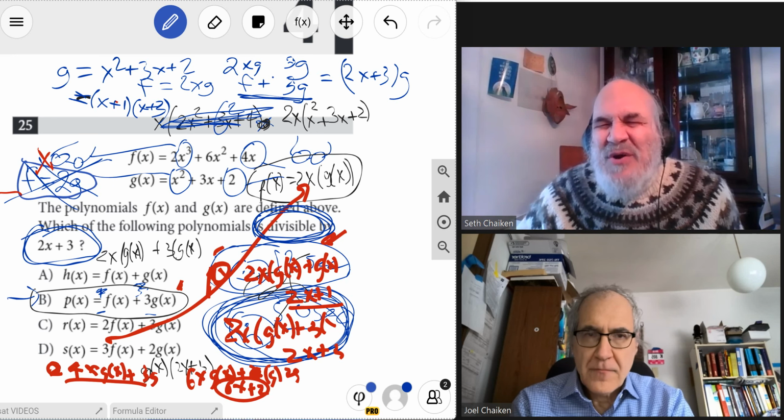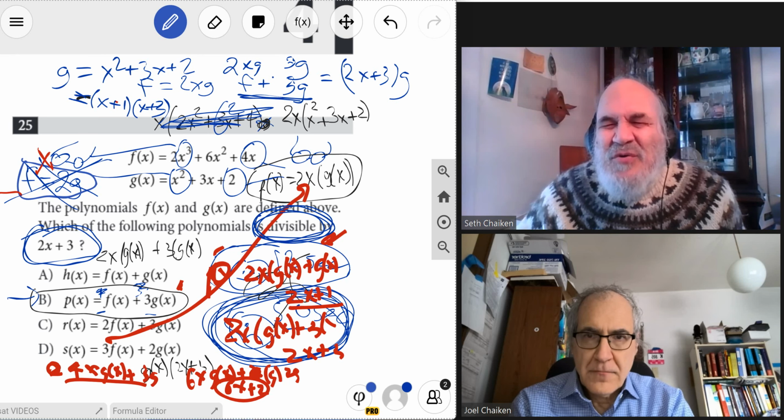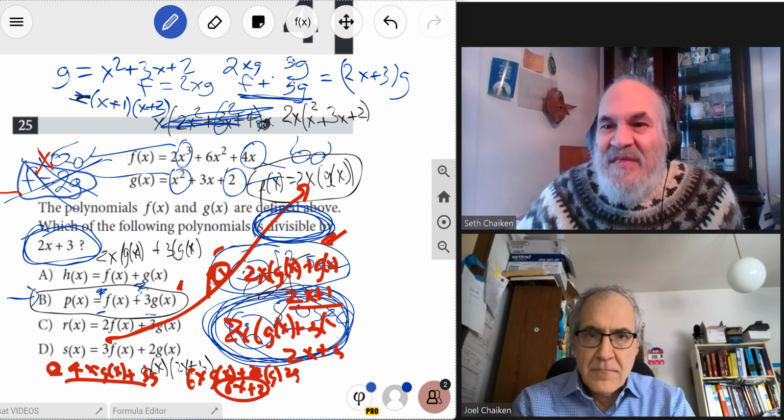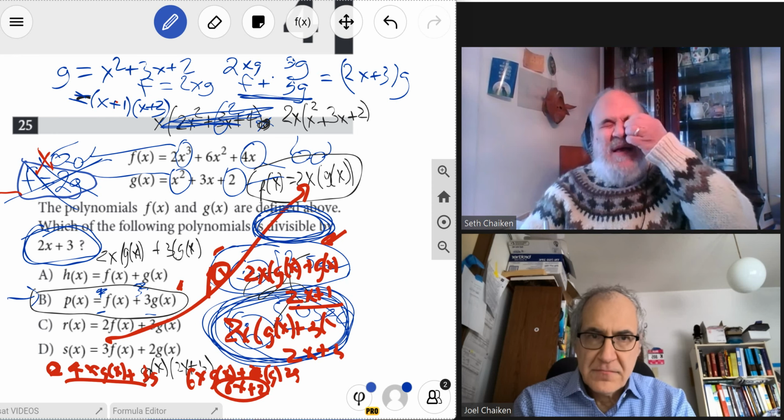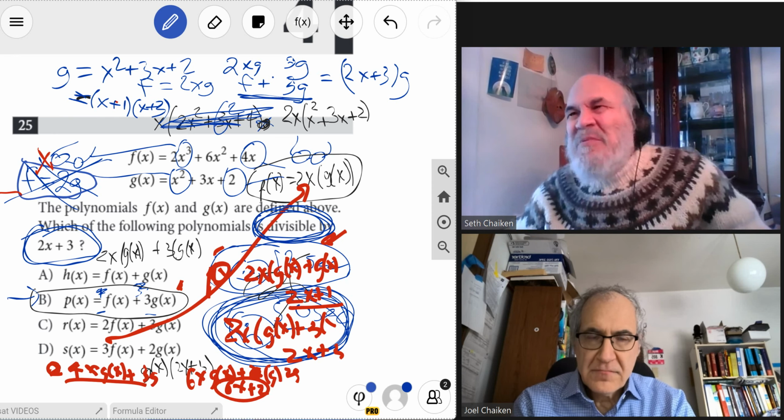Well, when you add polynomials, if you want to tell whether there's a combination of polynomials obtained by adding, my inclination is to multiply them out. So you either factor or multiply out, depending on what the problem is.